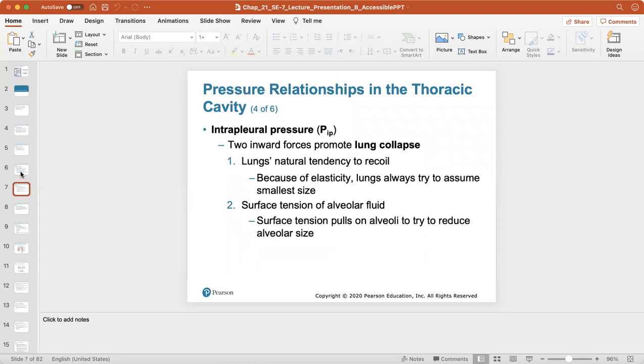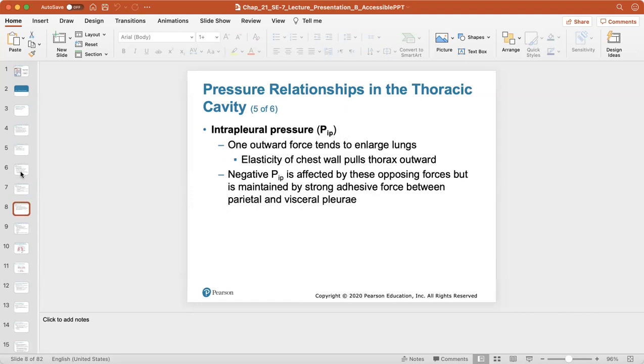So the intrapleural pressure and two other factors are the inward forces promoting lung collapse. This is the lung's natural tendency to recoil, because of elasticity, the lungs will always try to assume the smallest size. And the surface tension of the alveolar fluid is pulling on the alveoli to try to reduce their size.